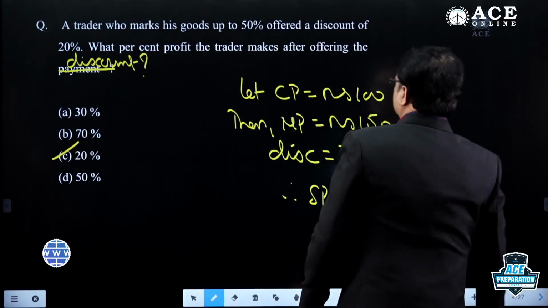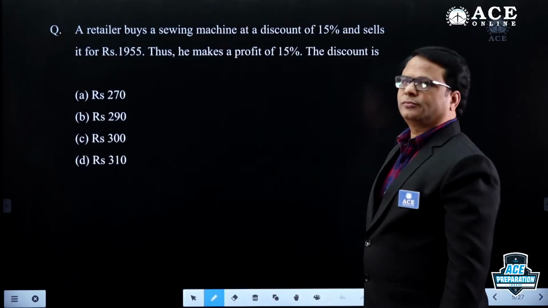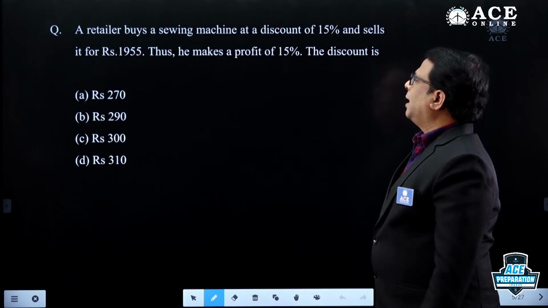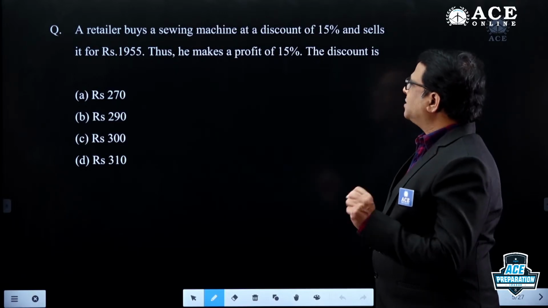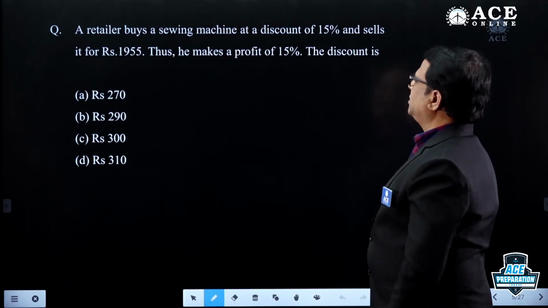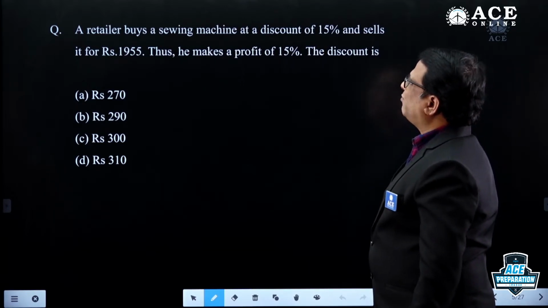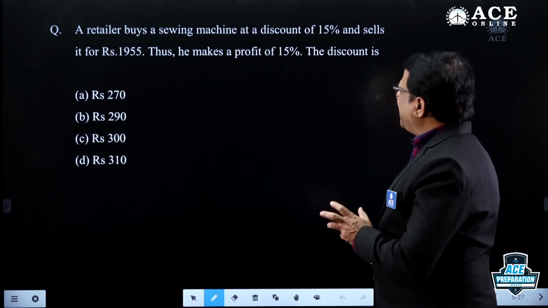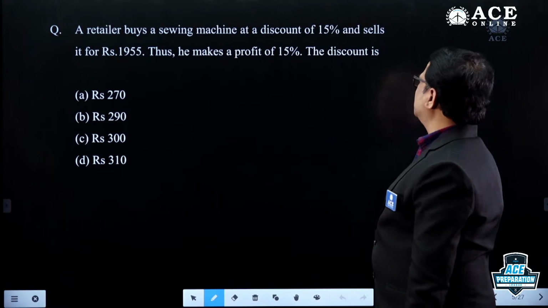So this is our next question. A retailer buys a sewing machine at a discount of 15% and sells it for rupees 1955. Thus, he makes a profit of 15%.